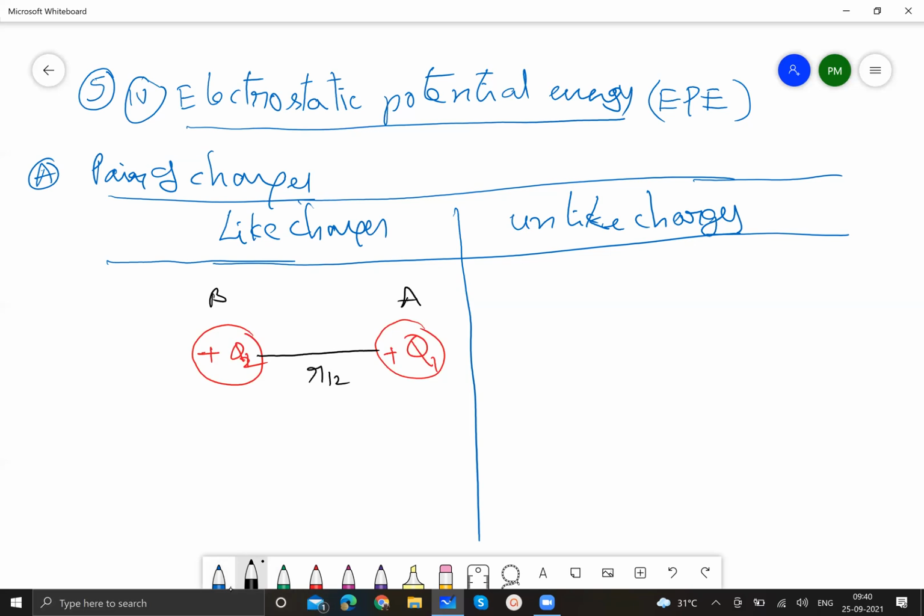Then you know very well the electrostatic repulsion will be always trying to push these charges away from each other.